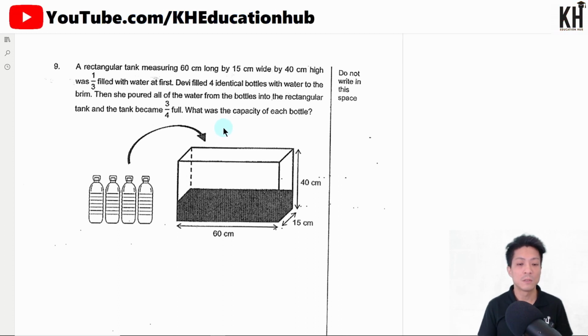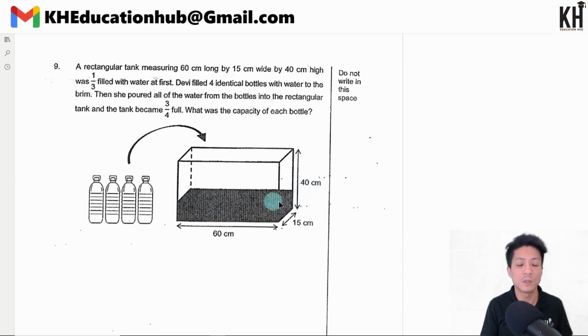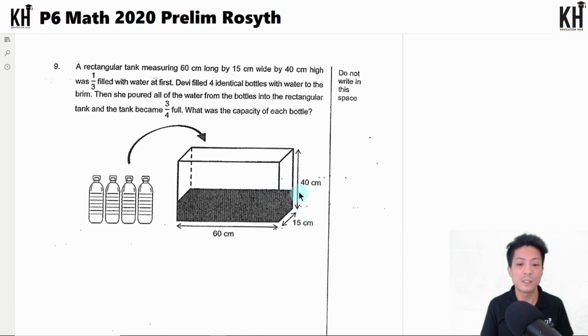So to find the capacity of each bottle, the first thing we need to find is the volume of water that came from all the bottles, right? And to find that, we can find the volume of increase in water. To find that, I'm going to find the increase in height first.